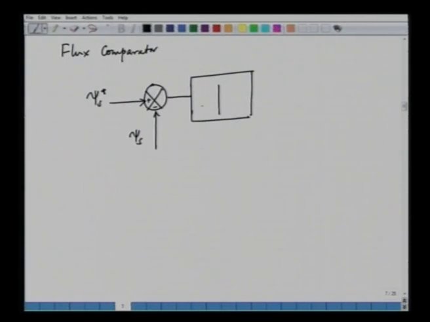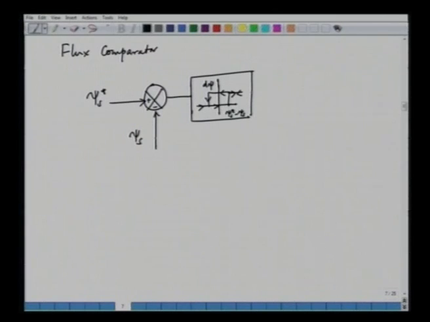The hysteresis comparator looks like this. On the x axis we have psi s star minus psi s, the error, and on the y axis we have the flux status, that is d psi.